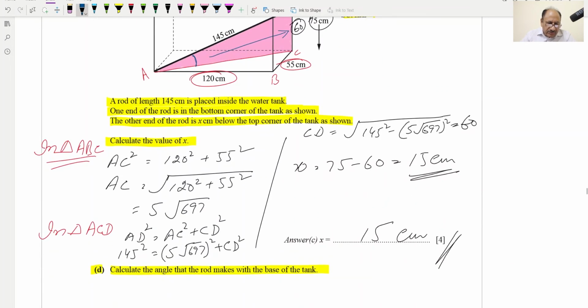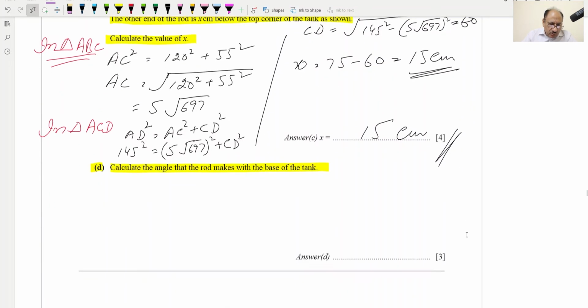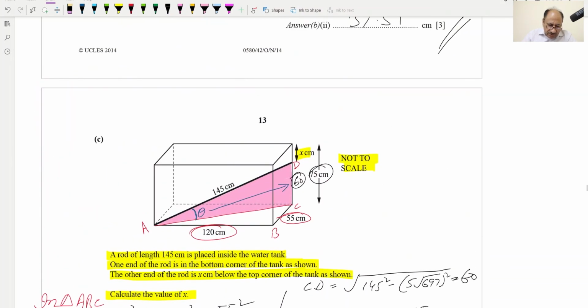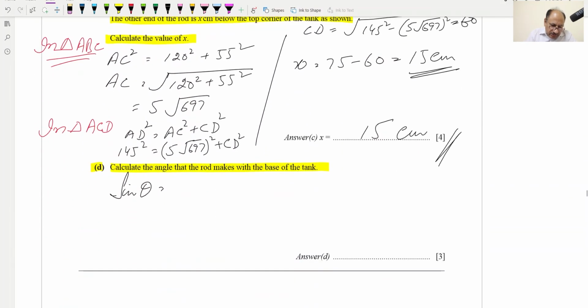So we can take this angle as theta. Sine theta is equal to CD over AD, and this is equal to 60 over 145.